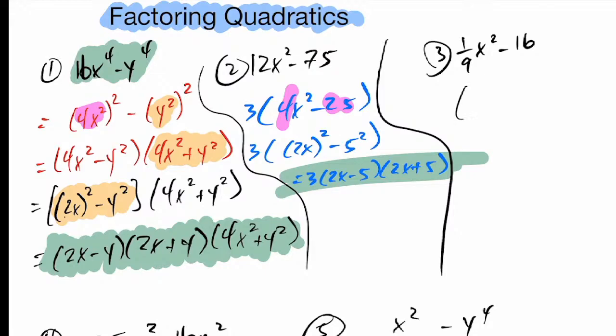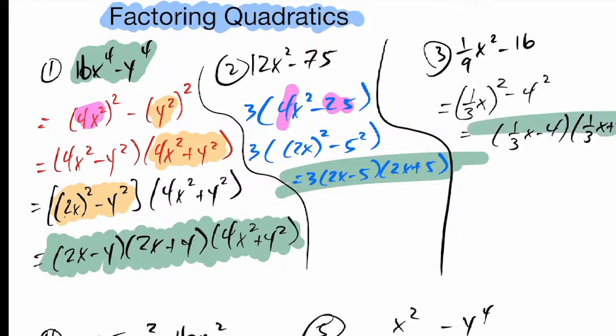So we need this as a power of 2. So this is 1/3 x squared minus 4 squared, which is 1/3 x minus 4 times 1/3 x plus 4. Well, here's the answer. Now you'll notice here, back to Dalal, and I think we were talking about this today, there's nothing more to do, right?